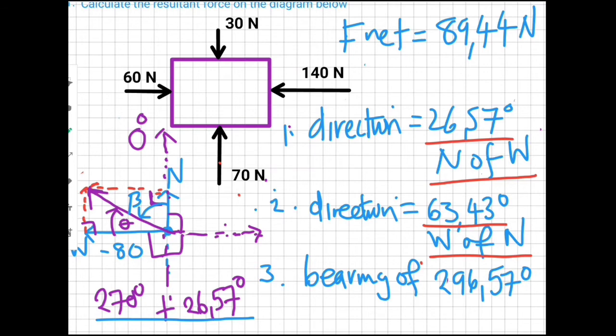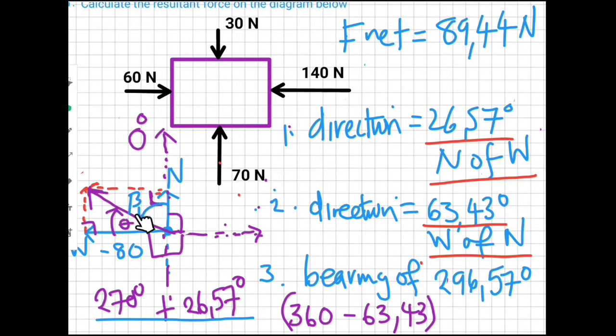Again, you could also calculate this angle by looking at this angle. If you know what this angle is, 360 minus this angle will give you the 296,57. But this angle we've just said is the 63,43 degrees, because these two angles must give us 90.